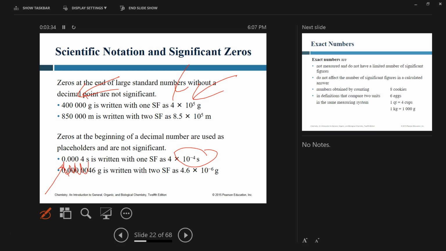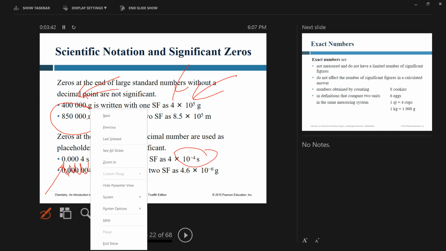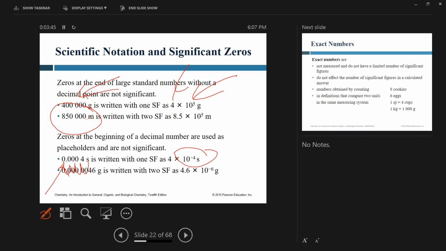Does that make sense? In this example with 850,000, the decimal point is here. Can you see the tiny little decimal point? Okay, so you move it to the left. You move it 1, 2, 3, 4, 5 times.